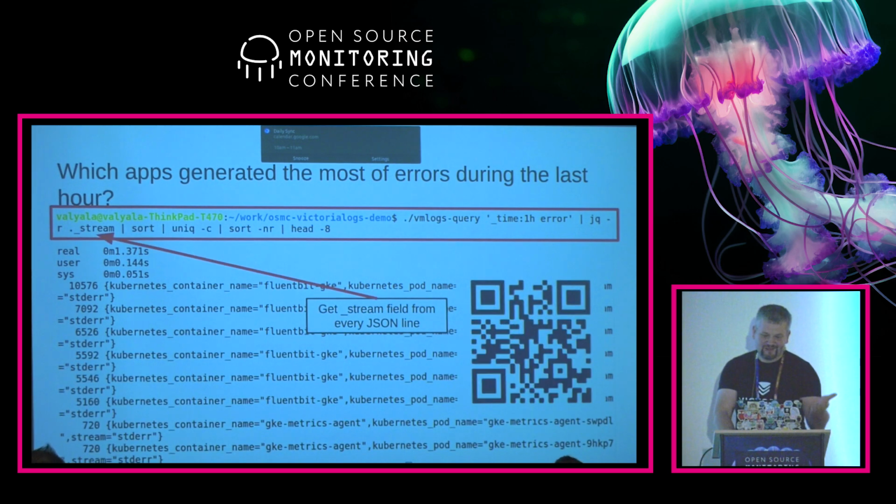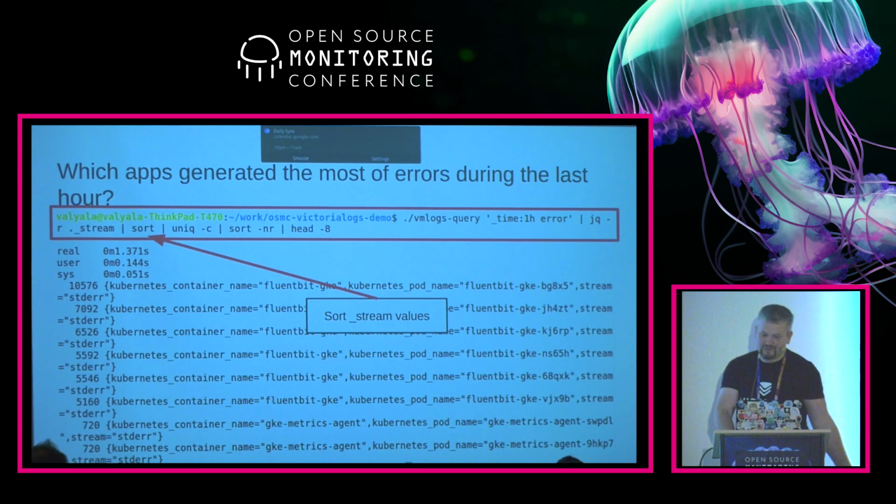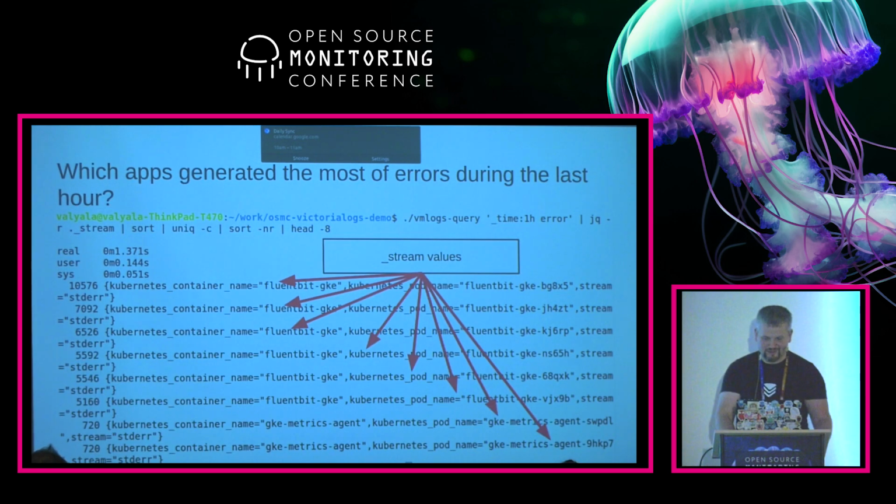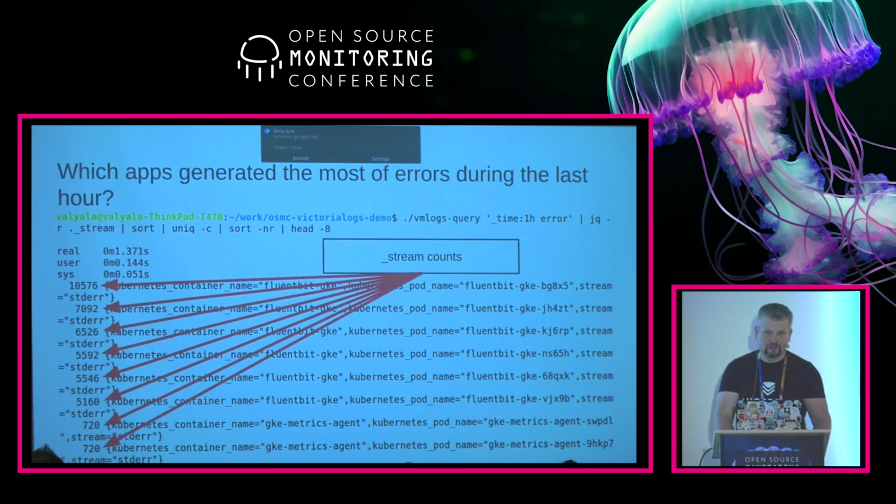Extract the stream field from every returned log line, sort the stream values, calculate the number of unique values, sort these results in reverse order, and show the top 8 results, and you will get this nicely looking response, which contains stream values and the number of error logs for every such stream value.